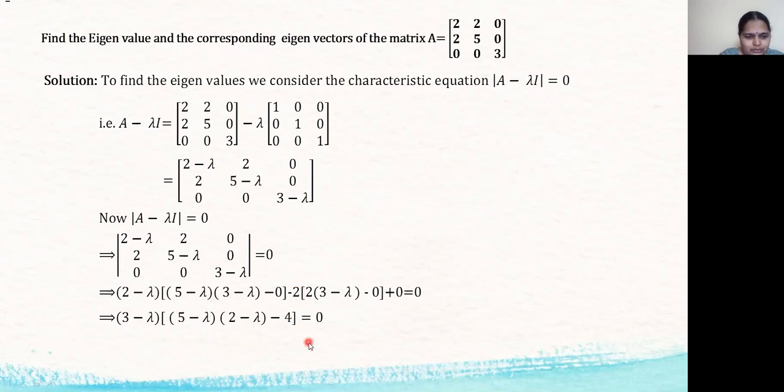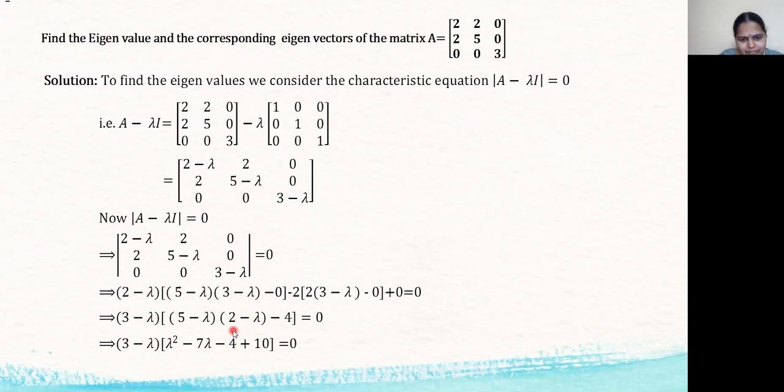Now 3 minus lambda we keep as it is. Now we multiply these two terms: lambda square, minus 5 lambda, minus 2 lambda, minus 7 lambda. Then the constant is 5 into 2, 10.